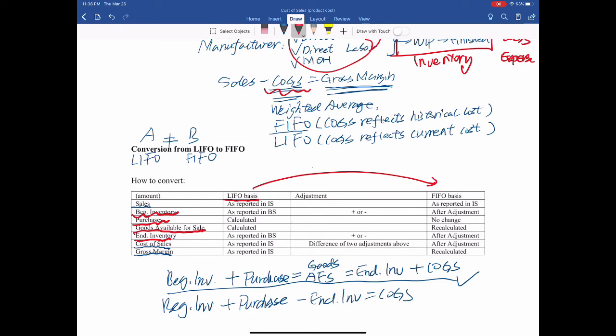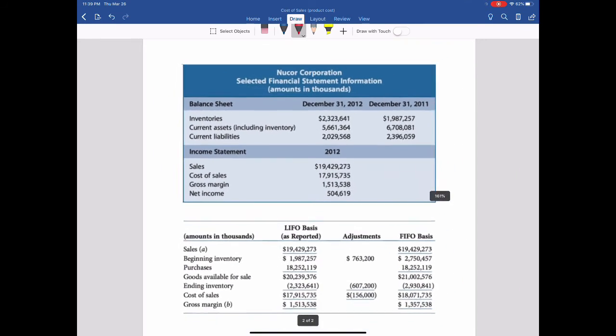All these numbers are available, and adjustments are also given in the notes, which show the difference between LIFO and FIFO. There are only two adjustments. All other numbers we just copy or recalculate. Let's use this example.